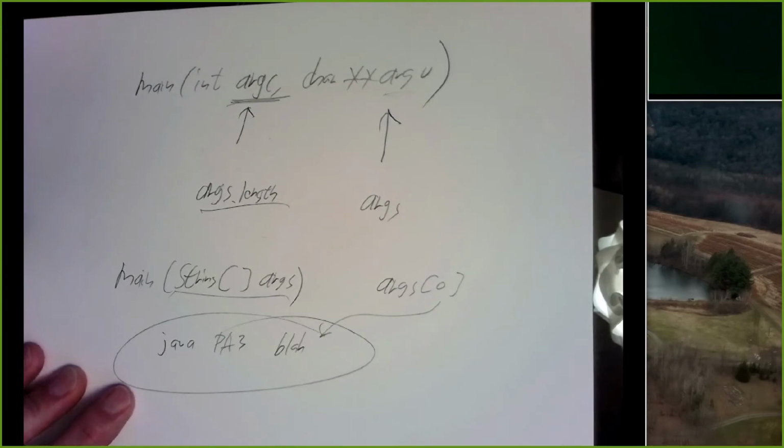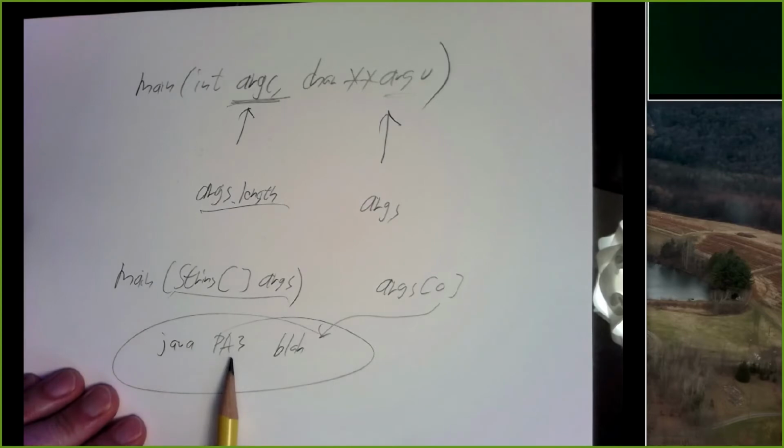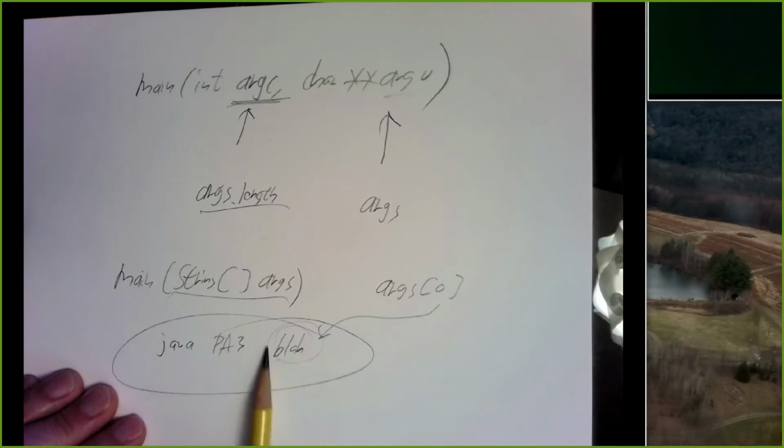And so in C, you know, I just type the name of the program followed by arguments. With Java, I say java, the name of the class, and then I put my arguments right after that. And so in PA3, for example, you have an optional command line argument. If I say PA3 blah, then this is the database file we're going to use to play the game. If I don't have an argument, then we're going to use 20q.txt.